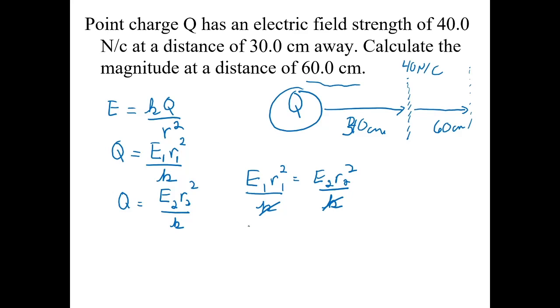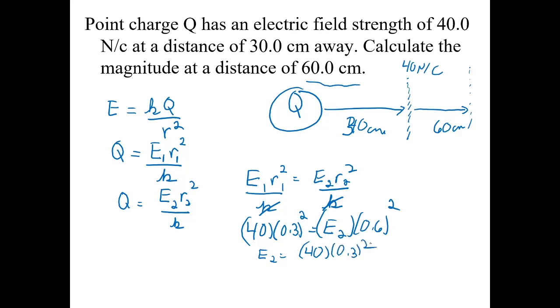So let's see. 40 and R1 is 0.3 squared equals E2 times 0.6 squared. So E2 is 40 times 0.3 squared divided by 0.6 squared. And that's one I'm not going to do on my own.